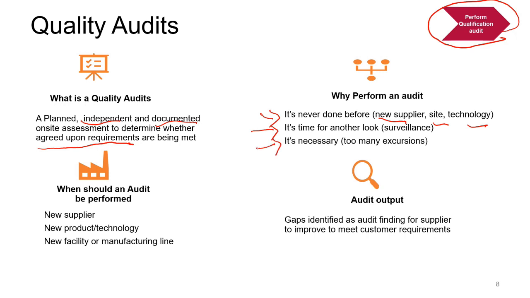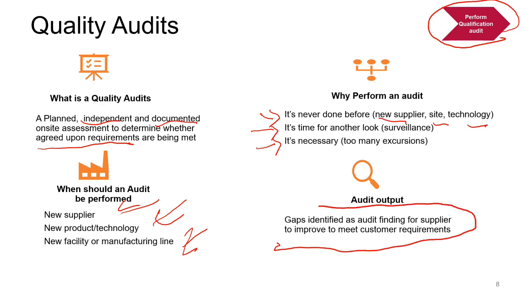Maybe at times a supplier is having too many excursions, and it will be wise to re-audit the whole line again. Usually the audit is performed when there are new suppliers, new products, new manufacturing lines, and the audit outputs should be the gaps identified from the audit itself for the suppliers to improve and meet your requirements.